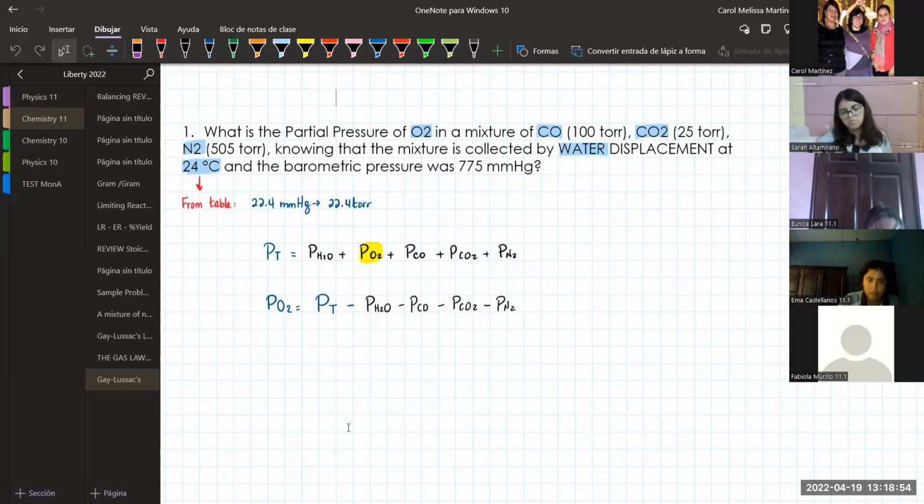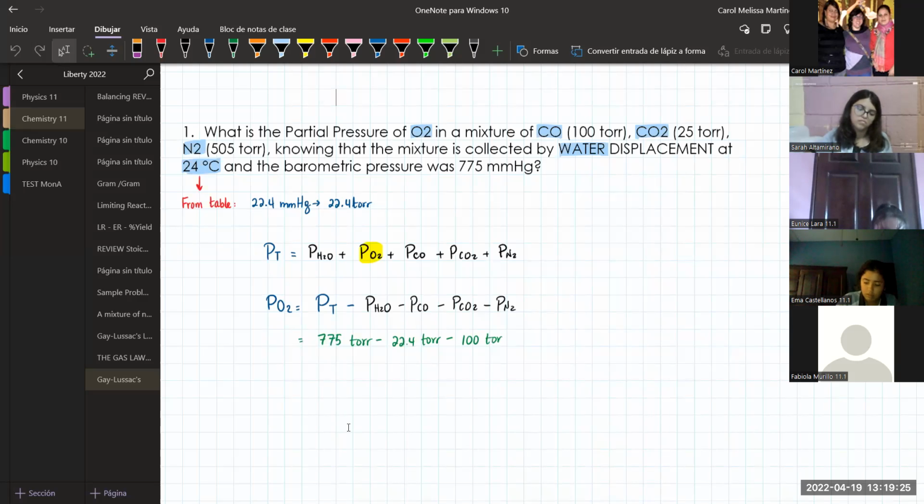Now, all you do is replace them by the givens that you have. Sorry, the total given in the formula is 775. Those are also torr. Minus 22.4 from water. Minus carbon monoxide, that is 100 torr.